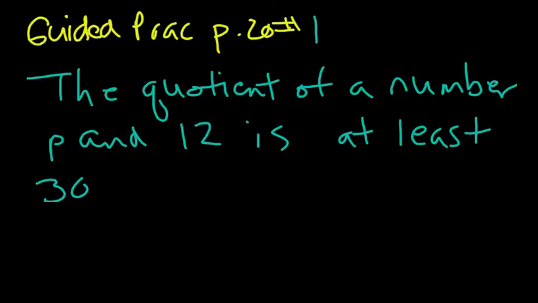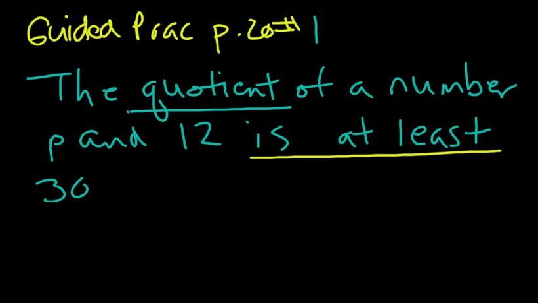Look at the guided practice on page 20, number 1. It says write an equation or an inequality. Here is what you're looking for. This is how you do it. Divide it up into parts. The thing that's jumping out at me is quotient, and is at least. What does quotient mean? Quotient means divide.